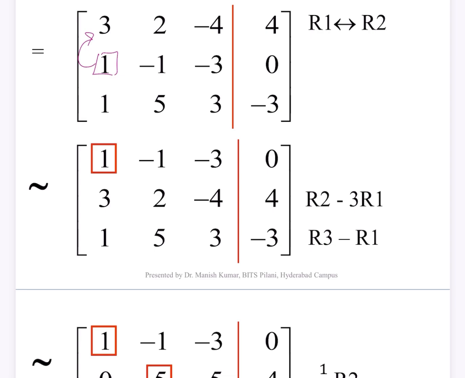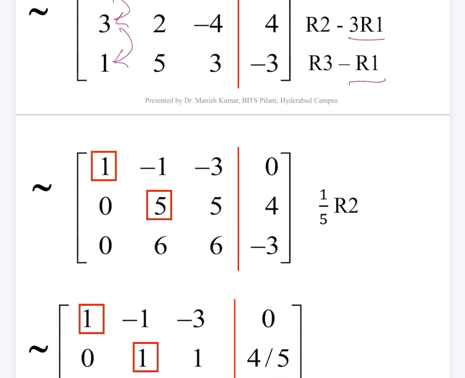And then use the elementary row operations to get 0 below the pivot entry. Once this pivot column is done, I have to target the next column and lower row. The next column's lower row entry is non-zero. We have to make it 1 by a suitable elementary row operation, after multiplying by 1 by 5 times the R2 vector.